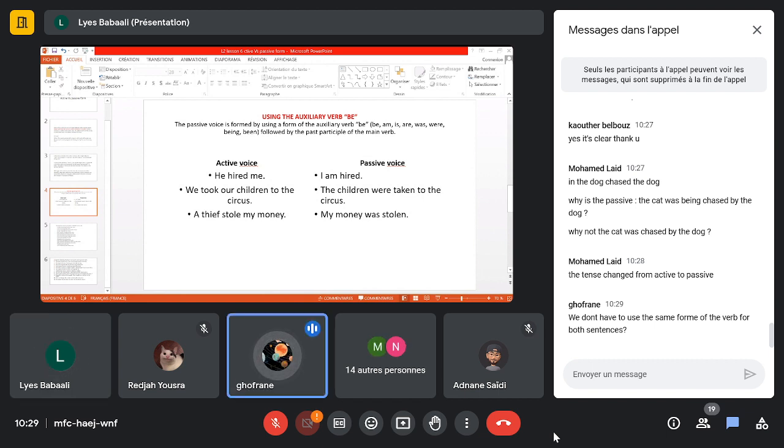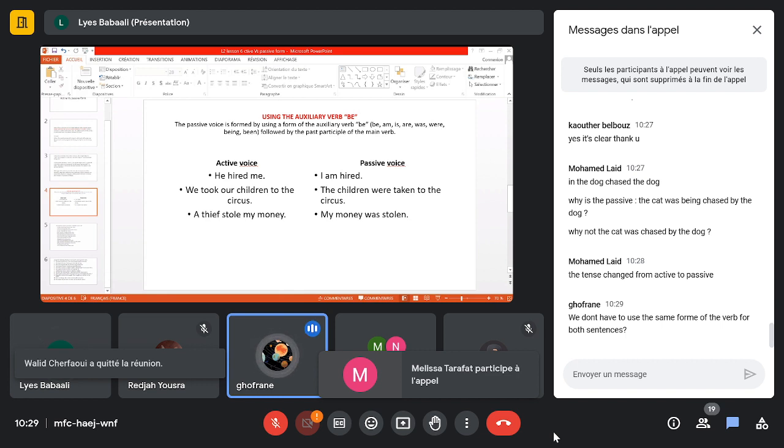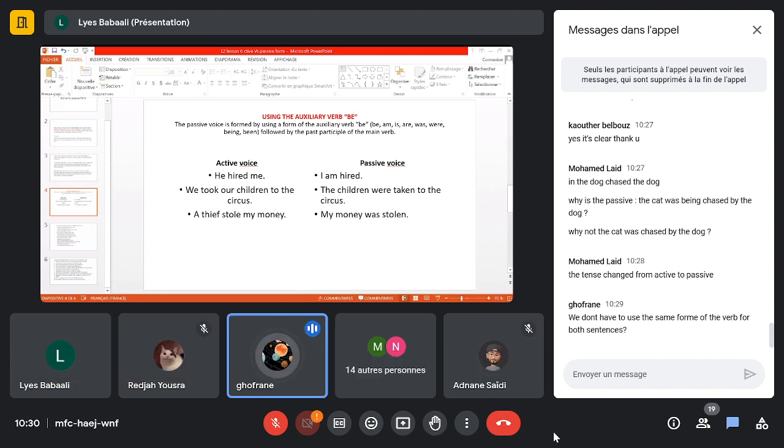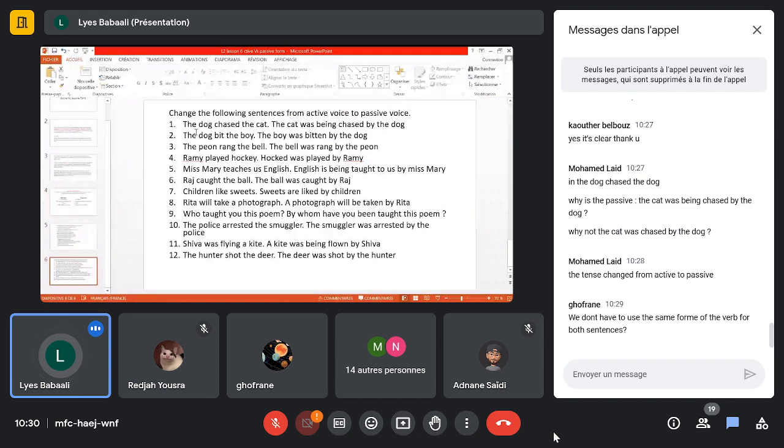Sir, I have a question about the first sentence. When we say the dog is chasing the cat, in the passive form, we should say the cat was being chased. But if we say the dog chased the cat, shouldn't we say the cat is chased by the dog? Let me look at the sentence again. The dog chased the cat.